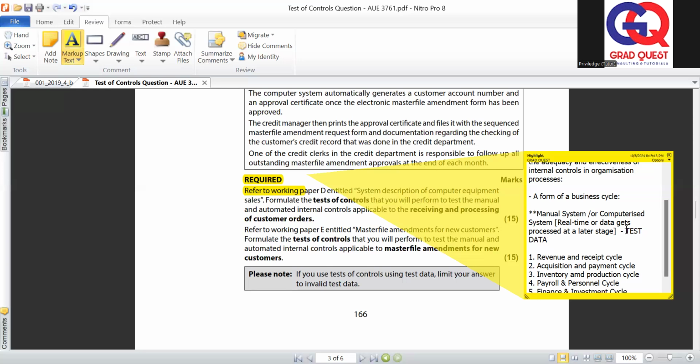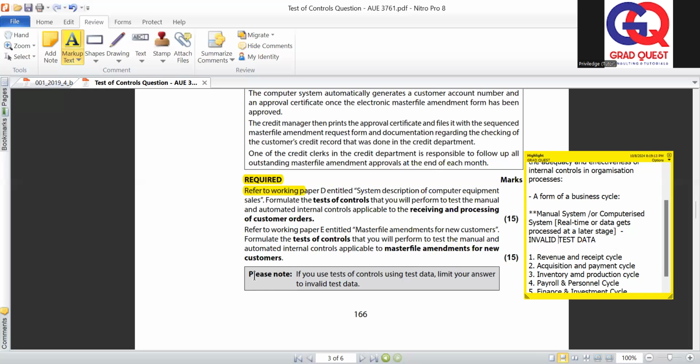The one that they normally test you guys on is called invalid test data. That's where the concept comes in, whereby they'll tell you that if you're going to perform any test of controls on the system application that the organization is using, limit your test of controls to invalid test data.